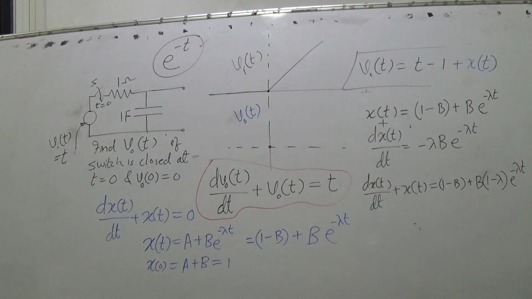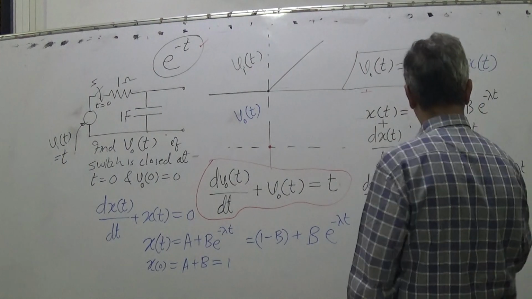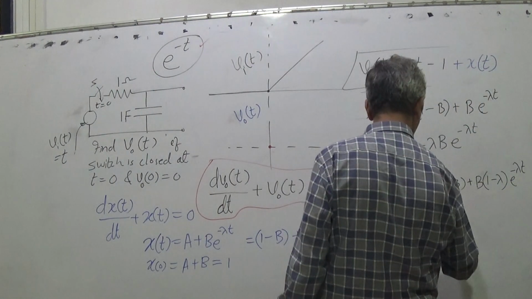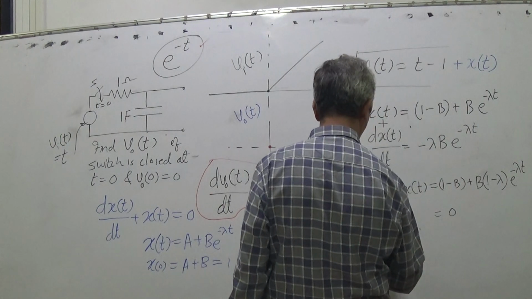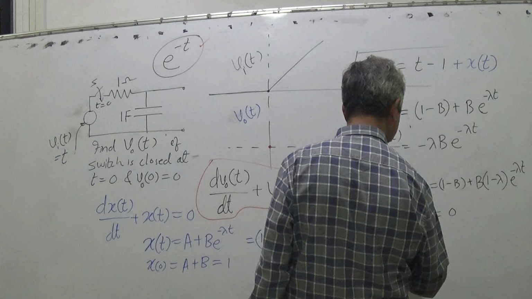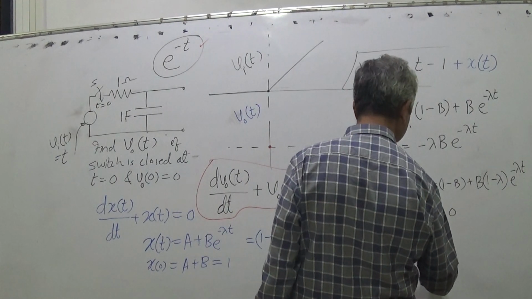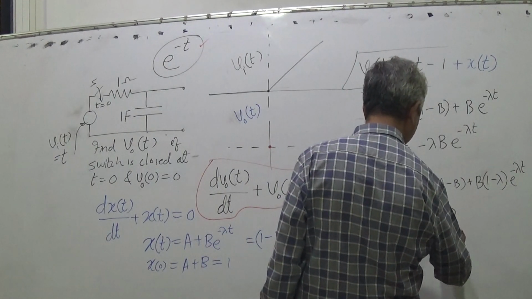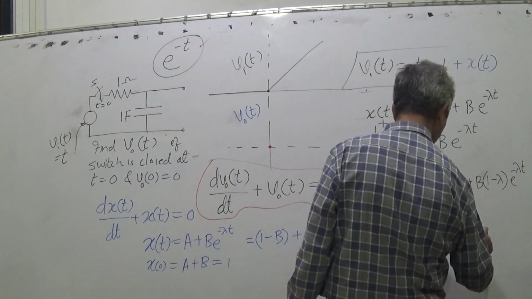Right? And this must be 0. Means we must have 1 minus b plus b into (1 minus lambda e raised to minus lambda t) equal to 0.